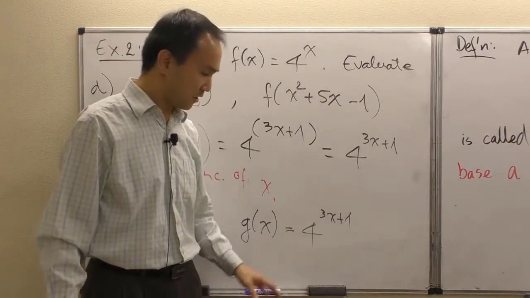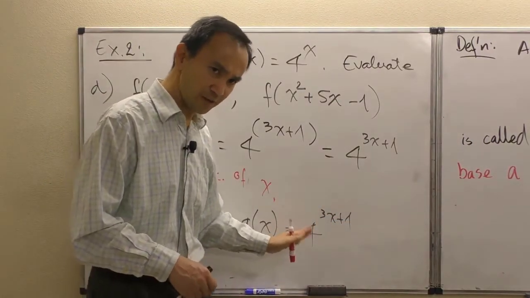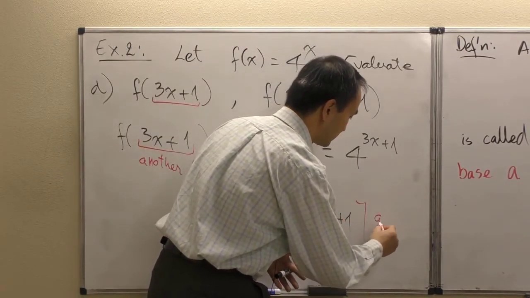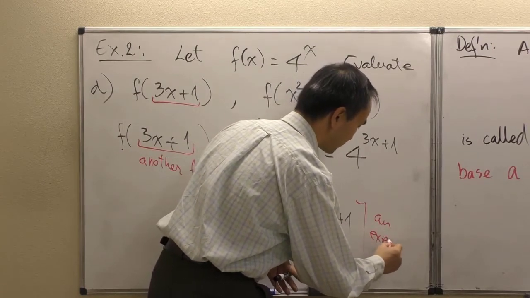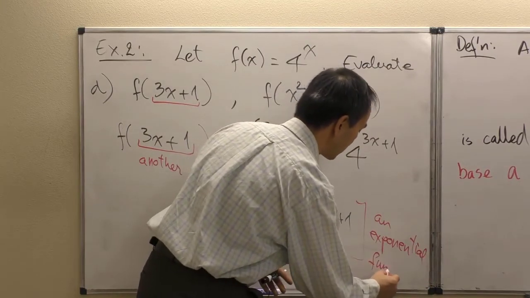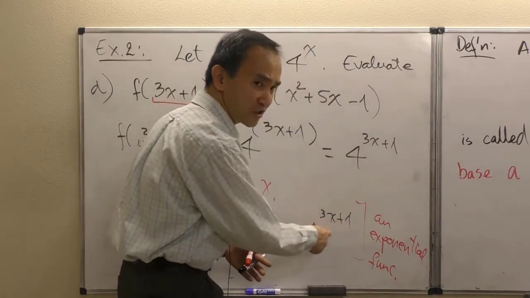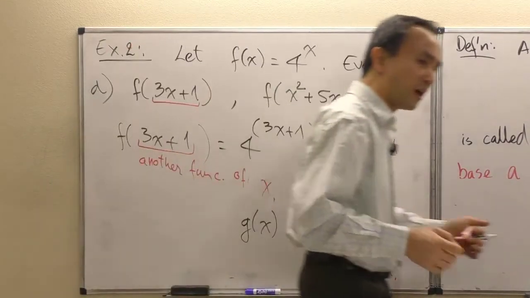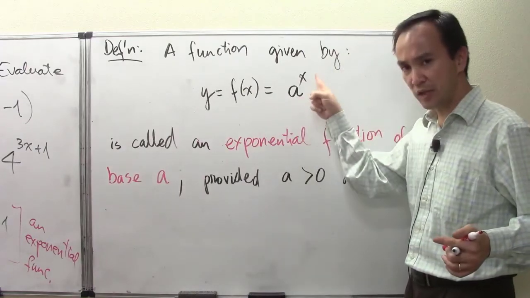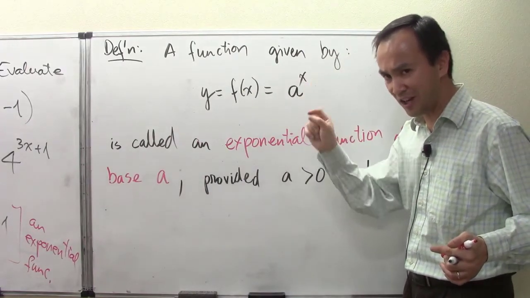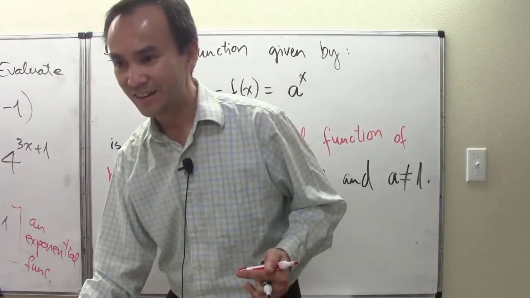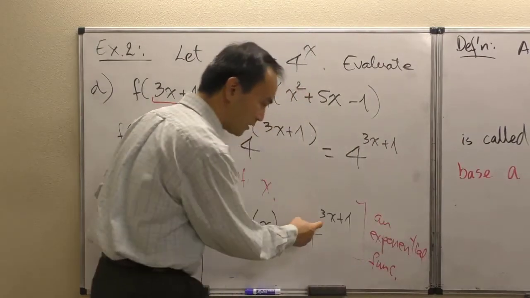And so for this particular one, I'm going to say eventually it's an exponential function as well, even though you already noticed through the final expression that it has even more than just x. Because our definition only involved base to a single x, not even a 2x, not even a 3x, but what we have here is 4 to the 3x plus 1.